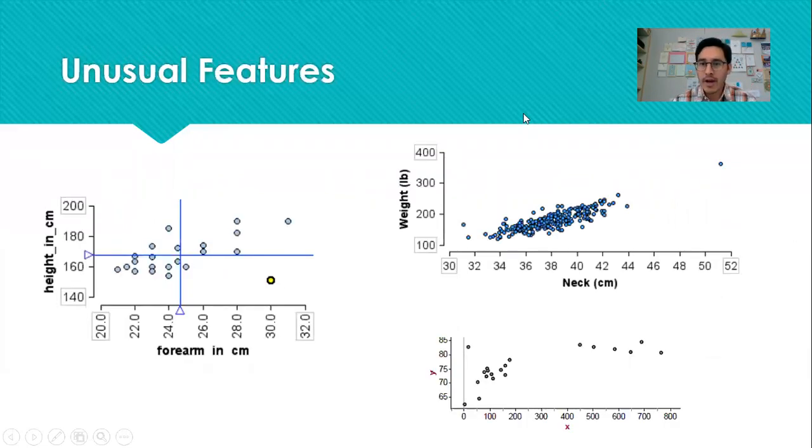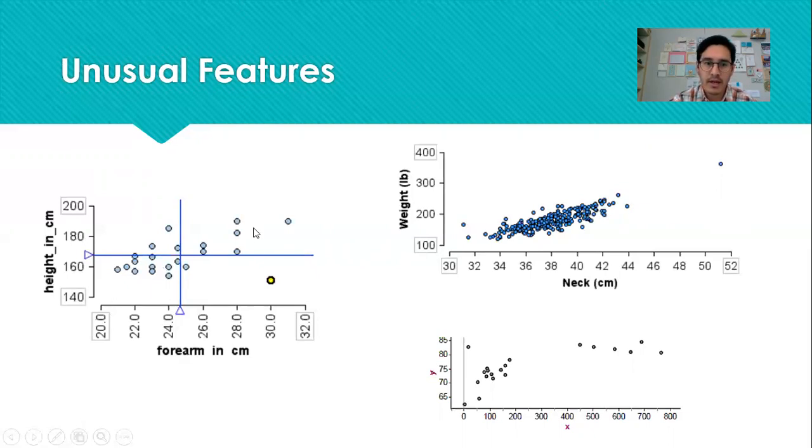The fourth and final characteristic is any unusual features. I pulled up 3 examples here of things that are unusual. Our first scatterplot is showing the relationship between forearm measurement and height, both measured in centimeters. As you would expect, the taller people tend to have longer arms.